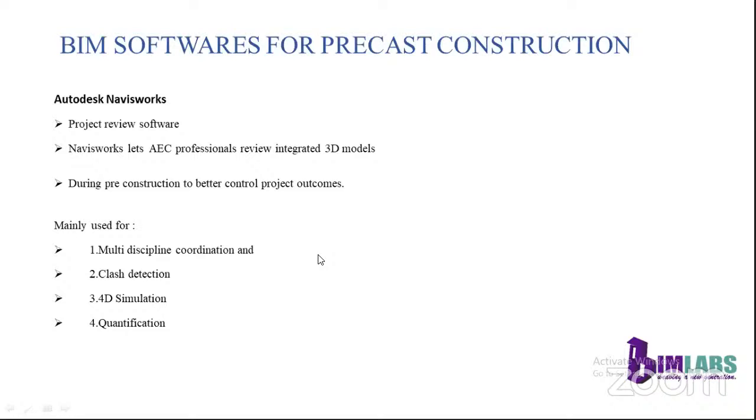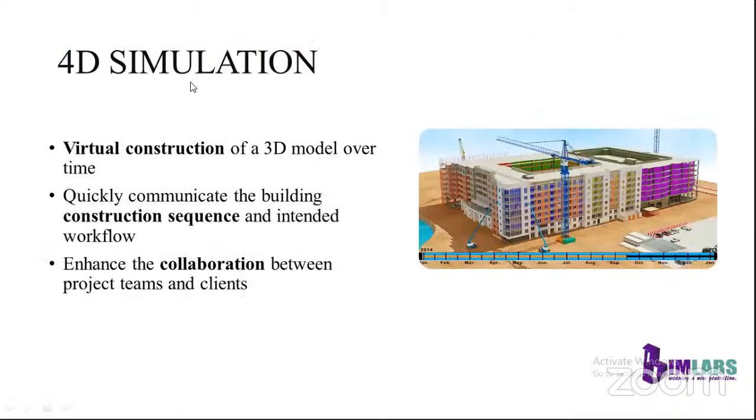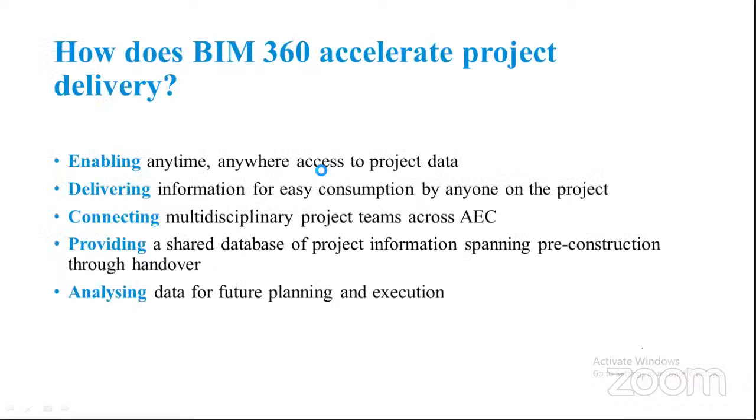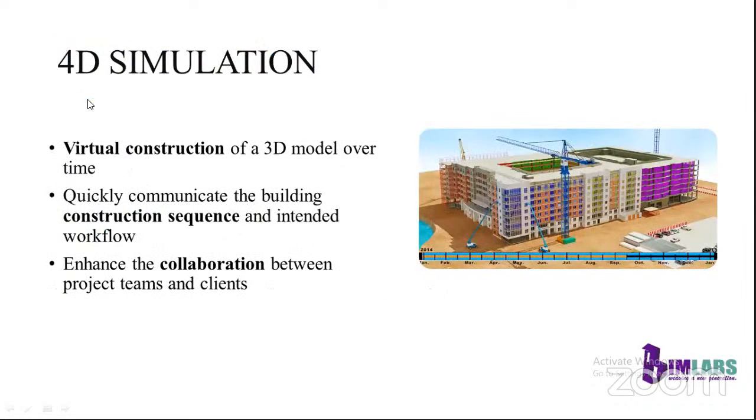Next is clash detection, then 4D simulation, and then quantification. Are you familiar with the term 4D simulation? It's the virtual construction of a 3D model over time that quickly communicates the building construction sequence and the extended workflow. It also enhances the collaboration between the project teams and the clients.